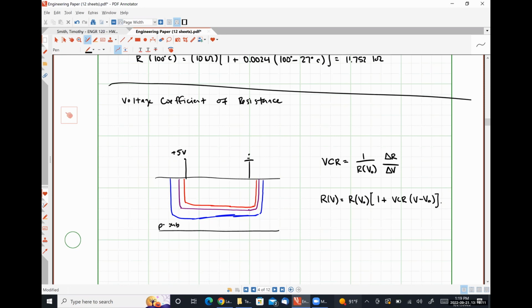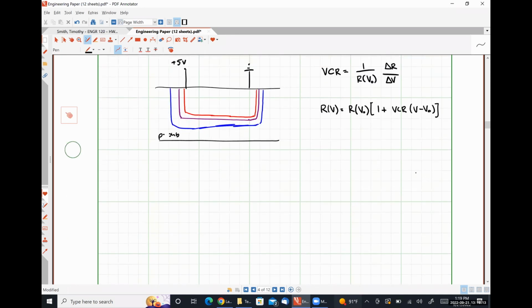Okay, last thing we're going to talk about here, just very, very briefly. Capacitors also exhibit a voltage coefficient and a temperature coefficient.